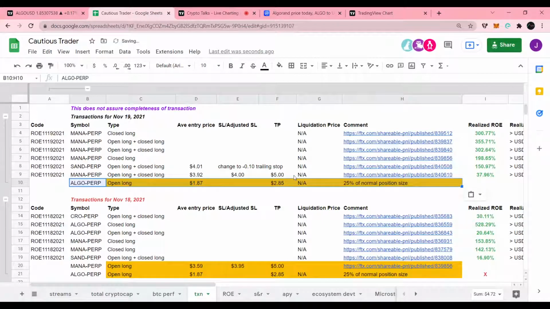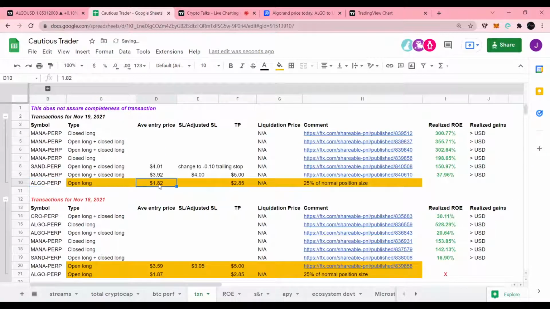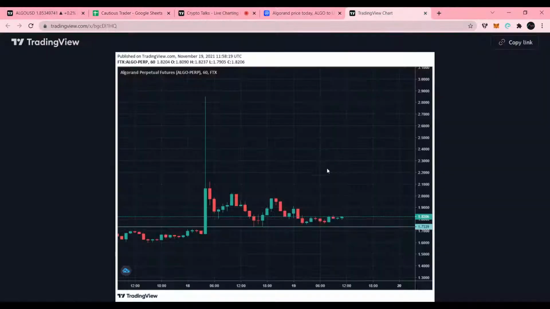So at least that. But I forgot my 1.82. I'll just update it later once I see my actual price. Of course I'm conservative, so I'll just leave it blank. I'll just update it later after the stream.